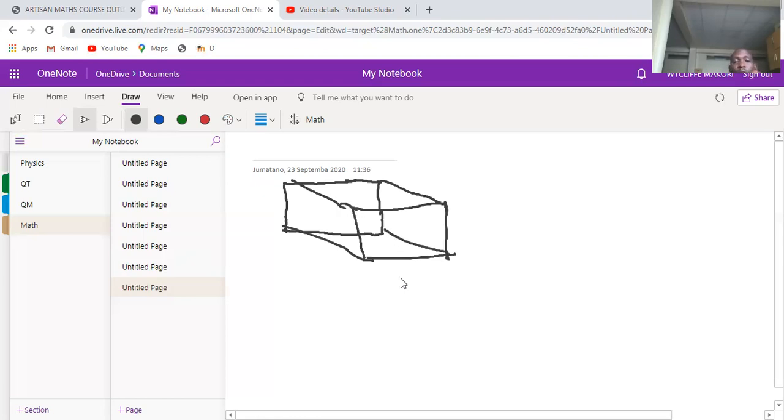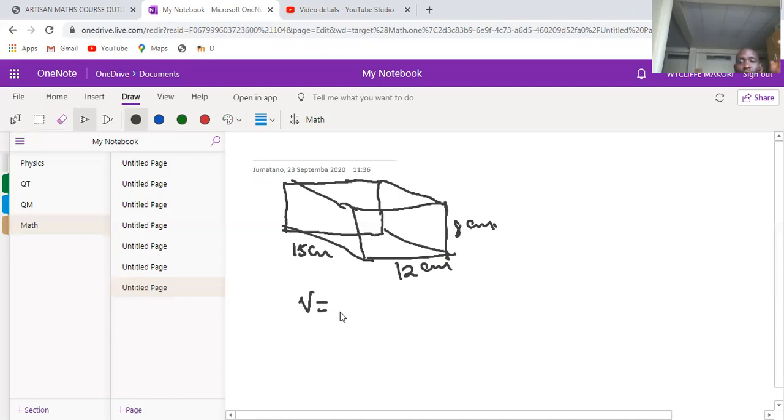Maybe you are given here it is 12 centimeters, this is maybe 8 centimeters, and maybe this one is 15 centimeters. From the look of things, this is a cuboid. Therefore, we multiply the length times the width times the height of that cuboid.